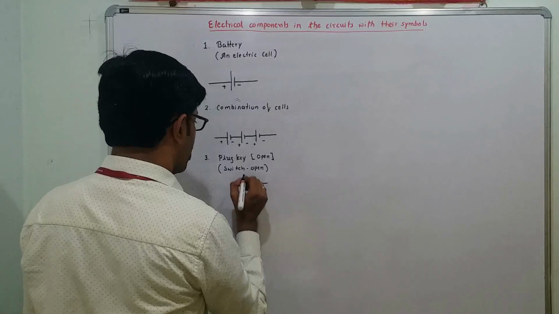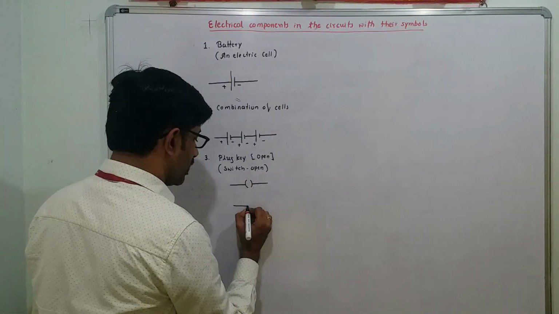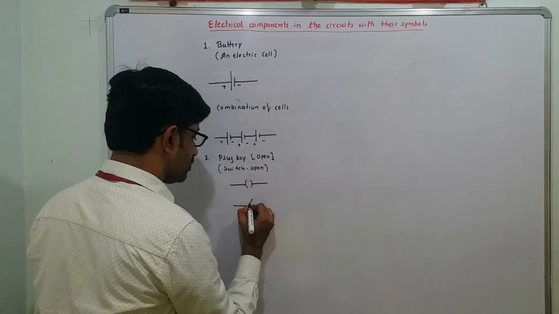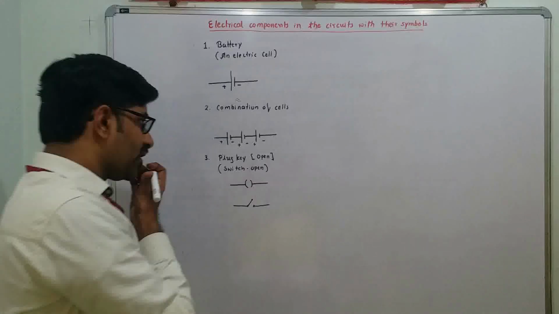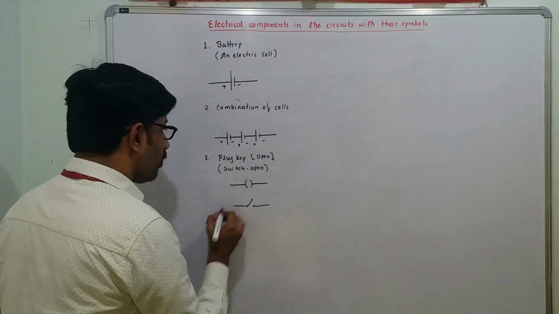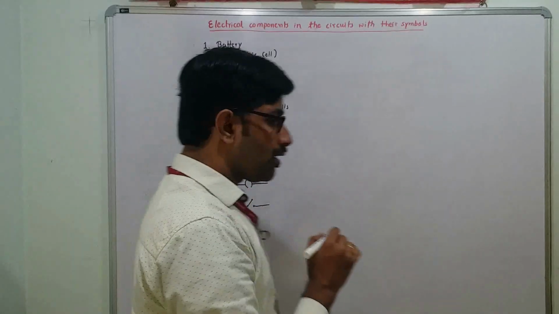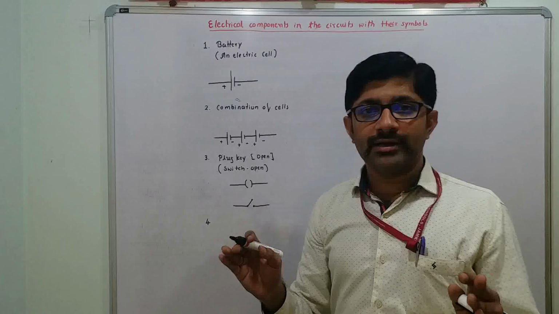So this is called open plug key. It can also be drawn like this. This is the open plug key or open switch. Now, whenever the plug key is open or switch is open, there is no flow of current in the circuit.